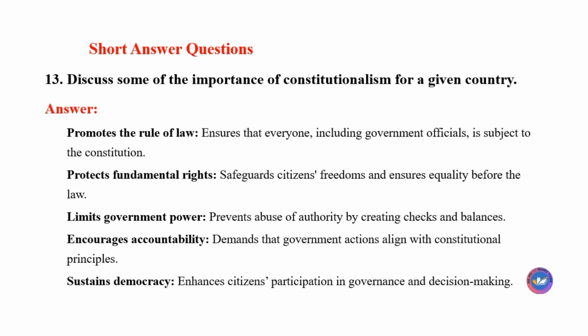It protects fundamental rights that safeguards freedoms and ensures equality before the law. It limits government power, which prevents abuse of authority by creating checks and balances. It encourages accountability, which demands that government actions align with constitutional principles. Sustains democracy, citizens' participation in governance and decision making.